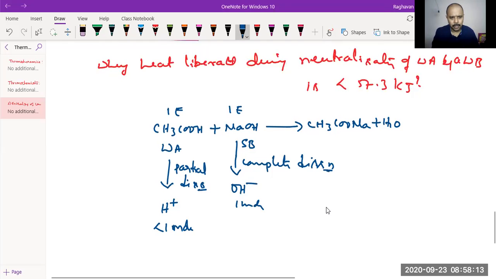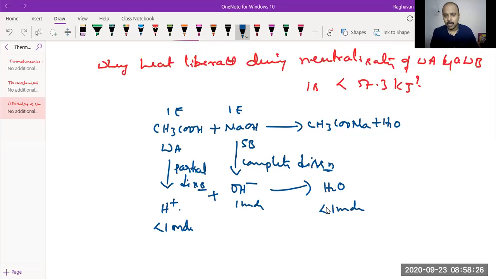So, acetic acid is a weak electrolyte, it dissociates partially to produce less than 1 mole of H plus. Now, this H plus and OH minus combine to form water, which is less than 1 mole. When 1 mole of water is formed from its ions, heat liberated is 57.3 kilojoules, enthalpy of neutralization. And now it will be less than 57.3 kilojoules.